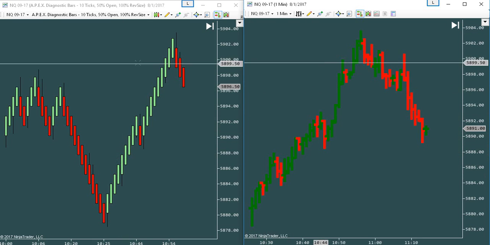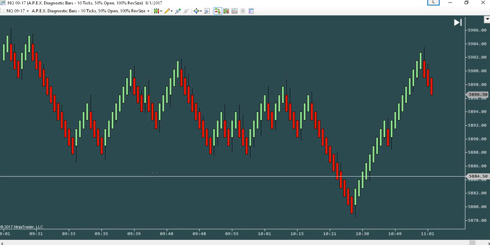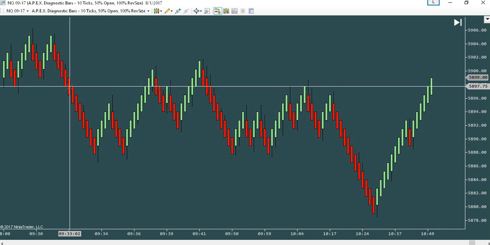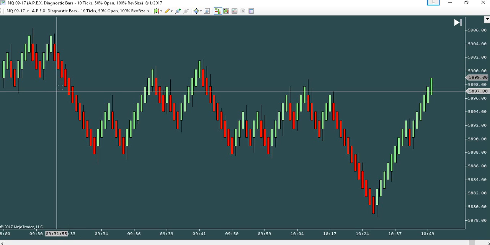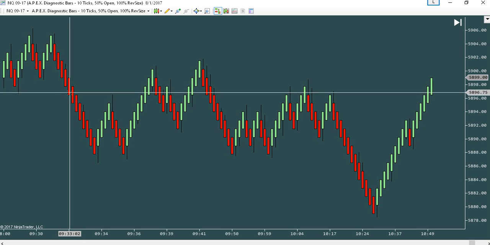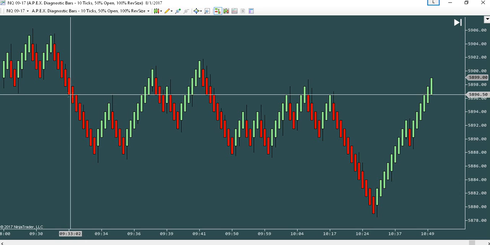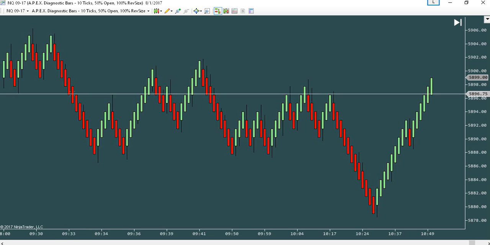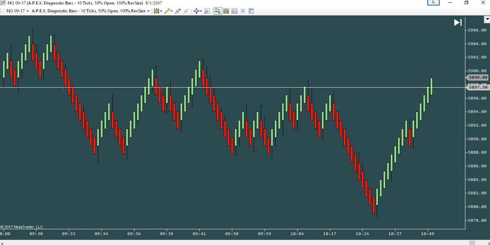And there's no time in the diagnostic bars. For example, this bar right here, when it closed down, all the market had to do was go down another 5 ticks to make a new bar. That could have taken 1 second, 1 minute, or 1 hour for the market to make that move, right?